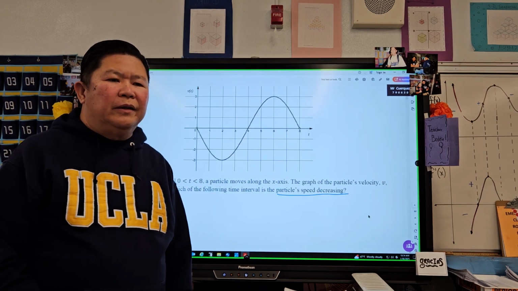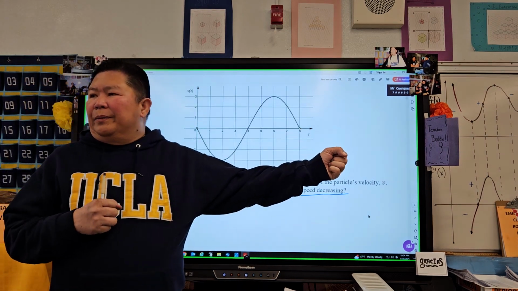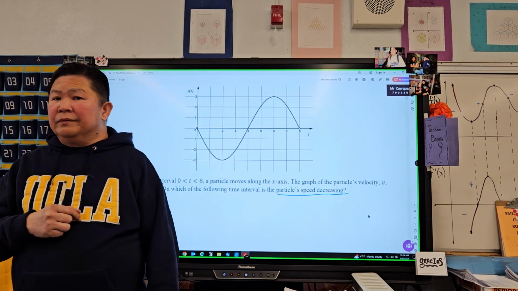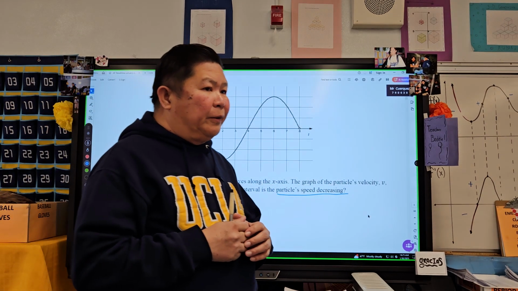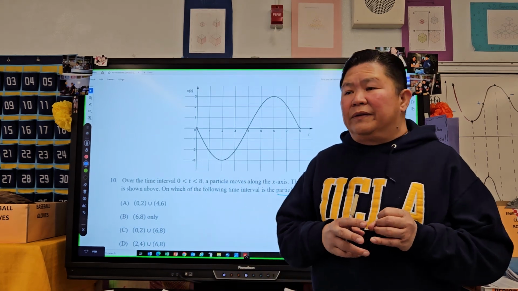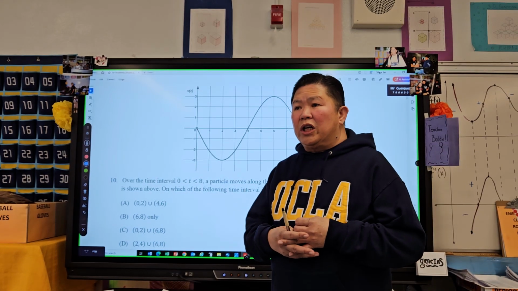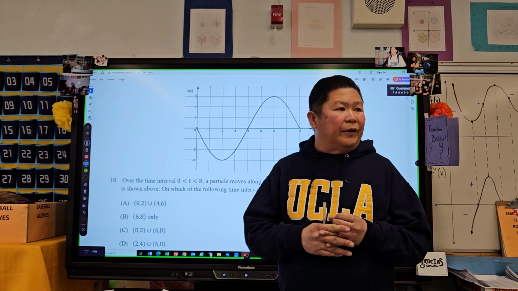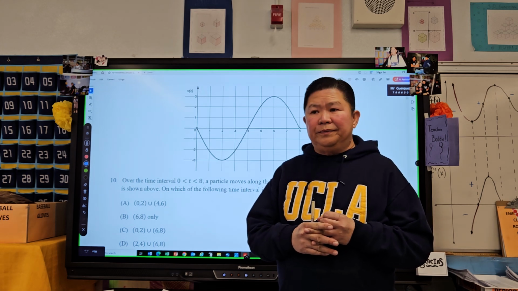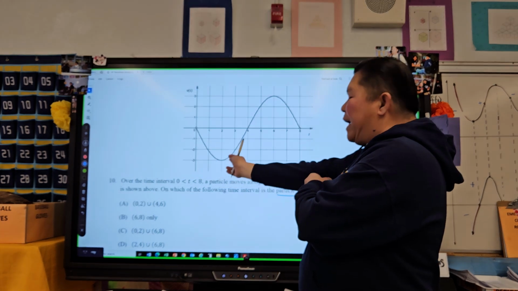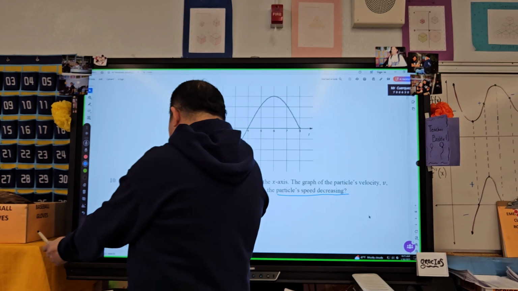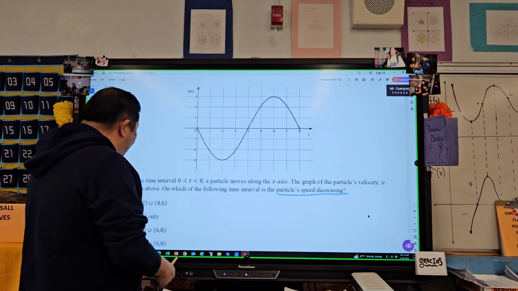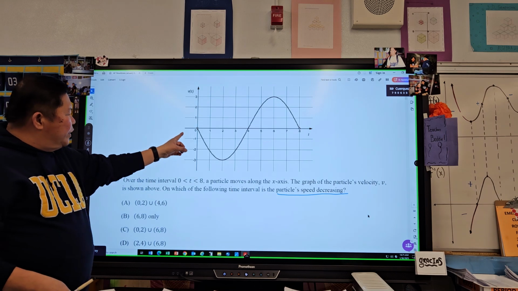When can we say that the particle speed is decreasing? This has something to do with a previous problem that we have: when the sign of the velocity and acceleration is different. Let us take a look here.